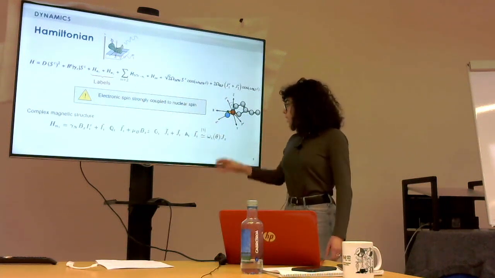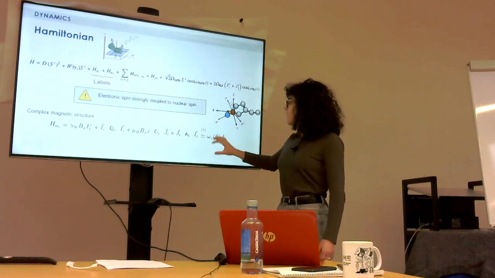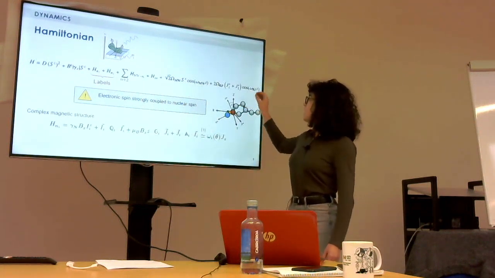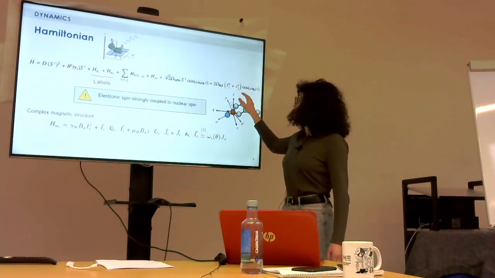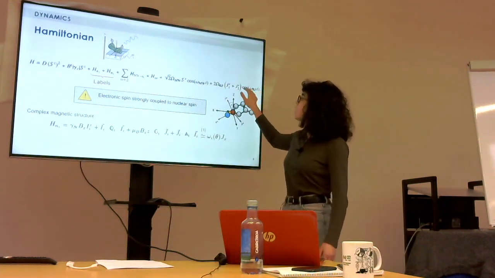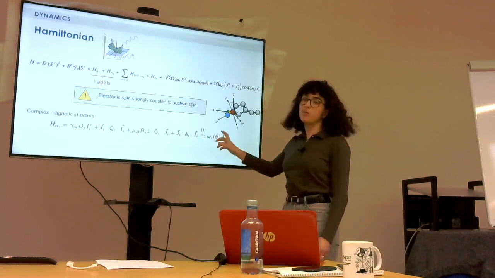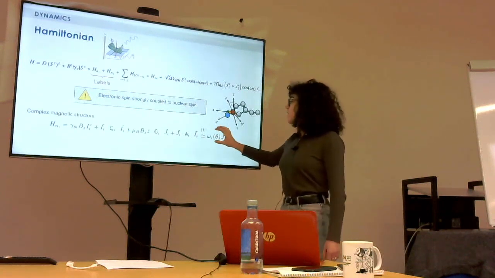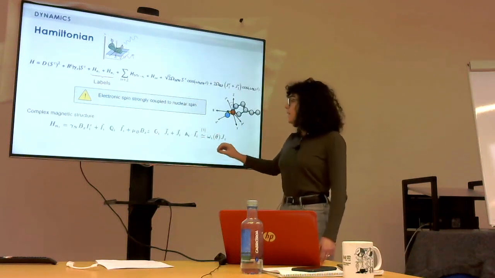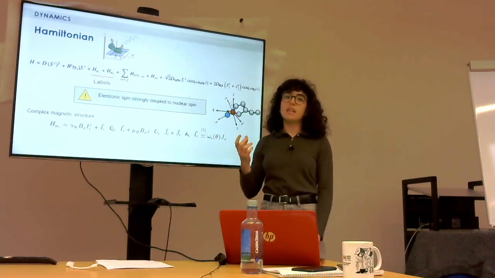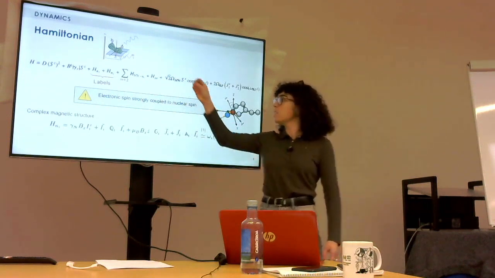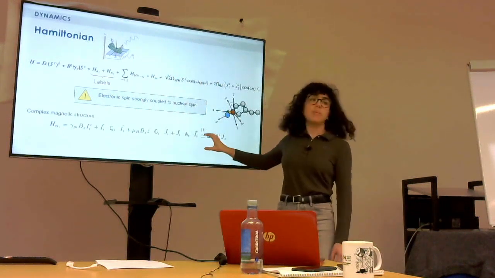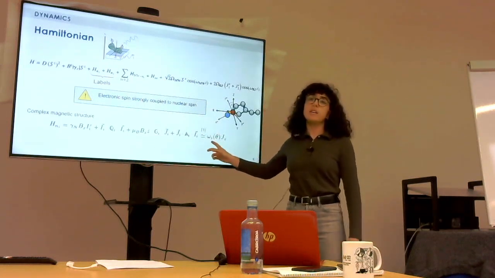So when we are targeting a label, we need to match, or approximately match, the frequency of our driving with this omega. This defines the energy scale that we need to match. If we select different isotopes of nitrogen for each of the labels, we have very different values of this omega.